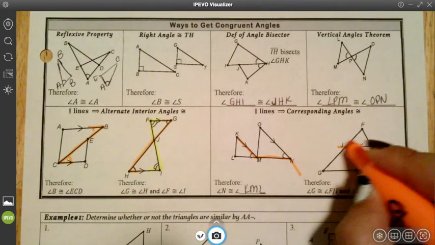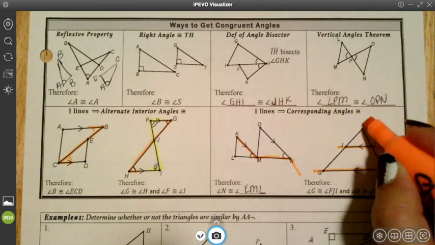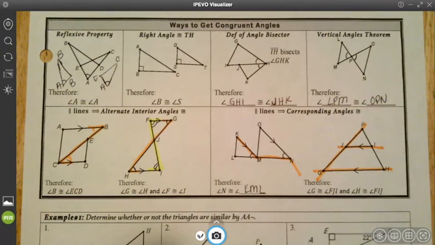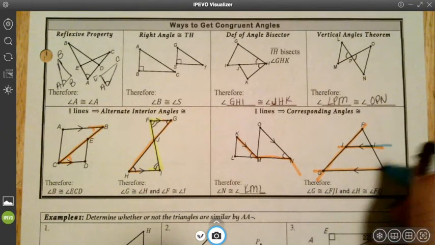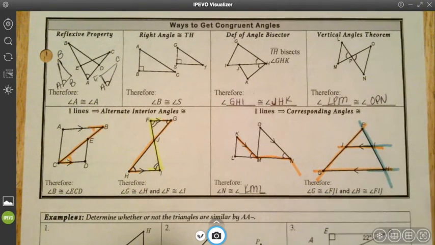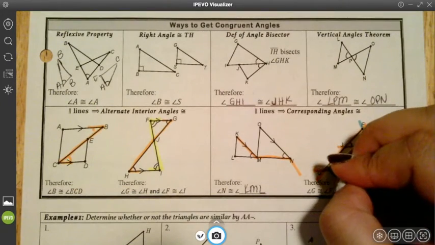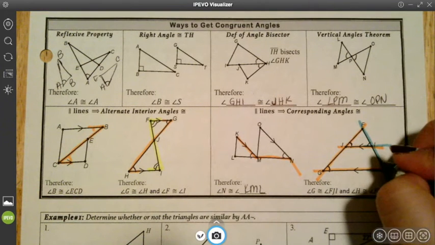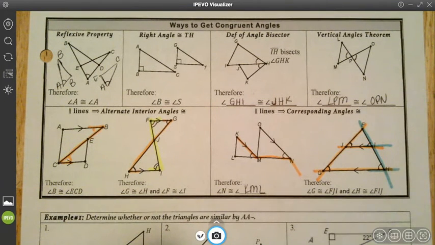We have parallel lines and this transversal. We also can say the same for these parallel lines with this transversal. And so we have corresponding angles here, angle J with angle G, and I with angle H.